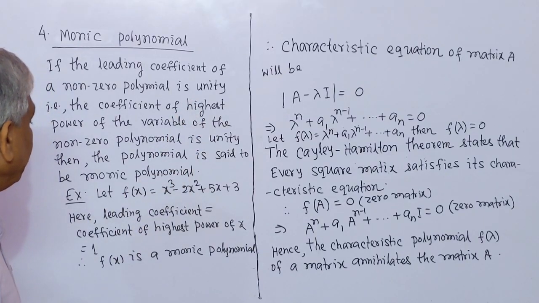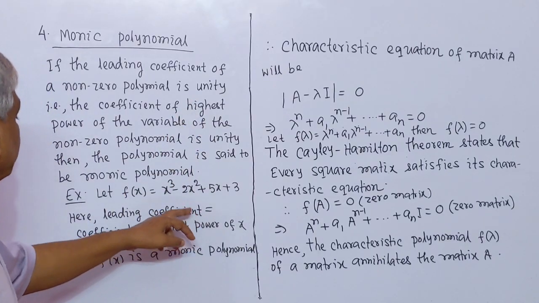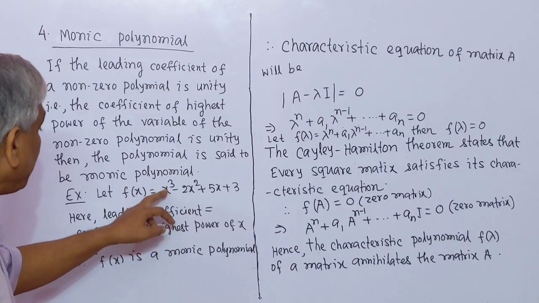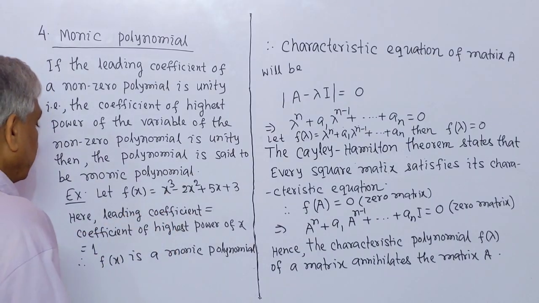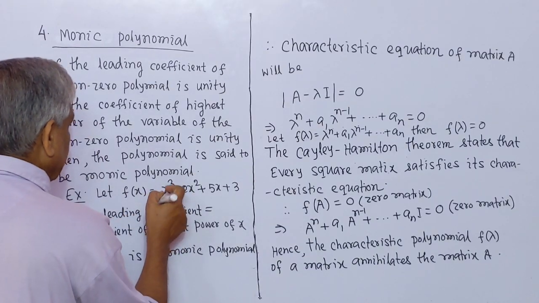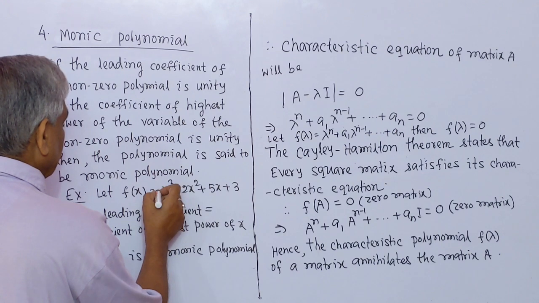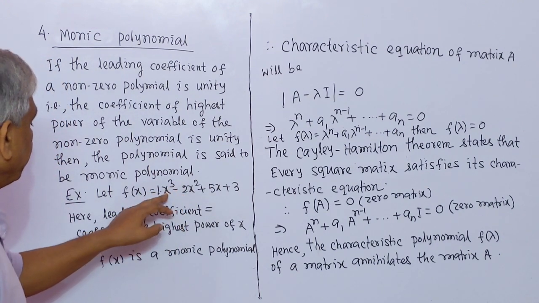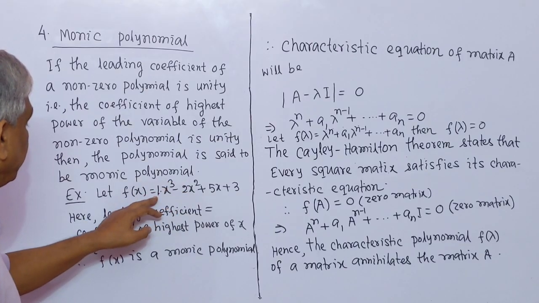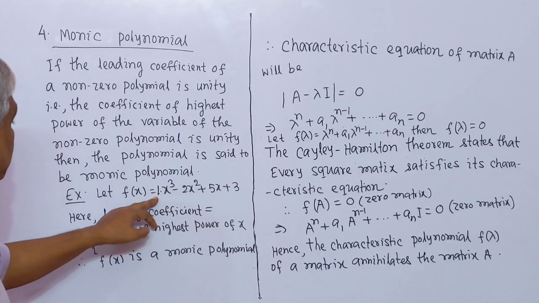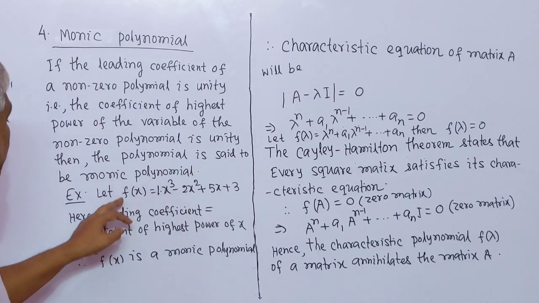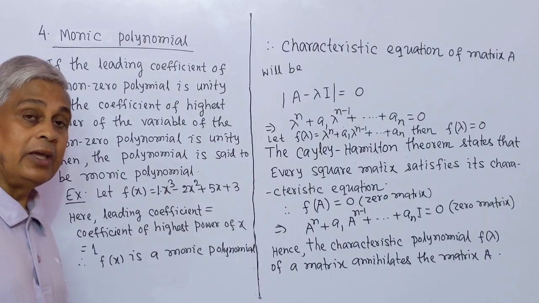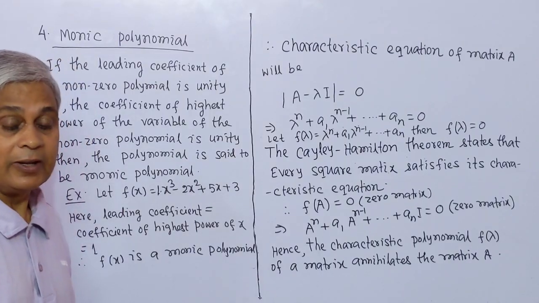Here leading coefficient equal to the coefficient of highest power of x. Here highest power be 3 and coefficient of x cube be 1. Therefore, this polynomial is said to be a monic polynomial.